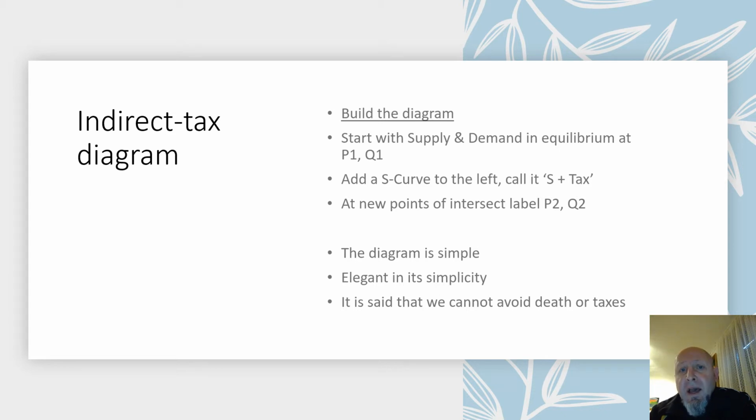I add an S-curve to the left of the original S-curve and call it S+tax. At the new points of intersection, I label P2 and Q2. The diagram is simple. The diagram is elegant. It has been said that we cannot avoid death or taxes.